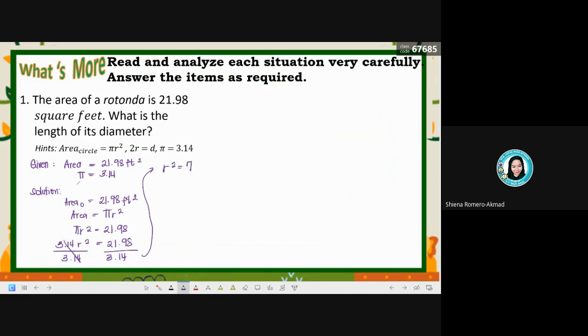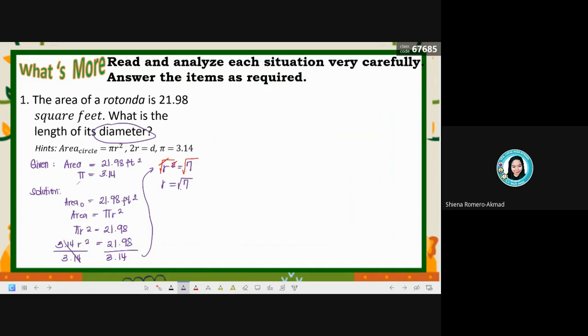So, syempre, squared yan. Therefore, we have to get the square root. You can cancel this out. Therefore, the answer is r equals square root of 7. Kaya lang, hindi po yung r yung hinahanap natin. But we are looking for the diameter. So, all we have to do is to multiply this by 2 because the diameter is twice the radius.